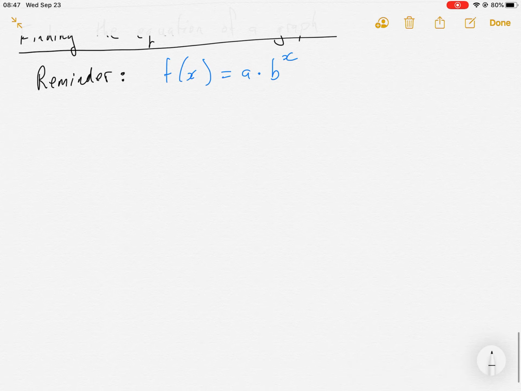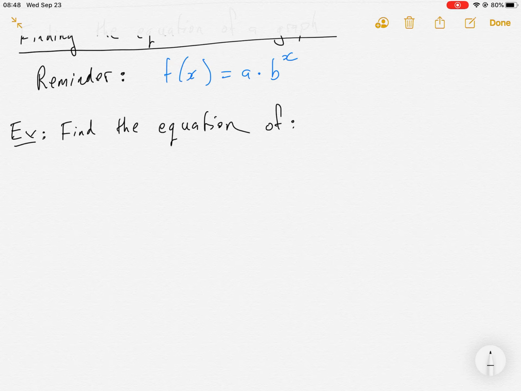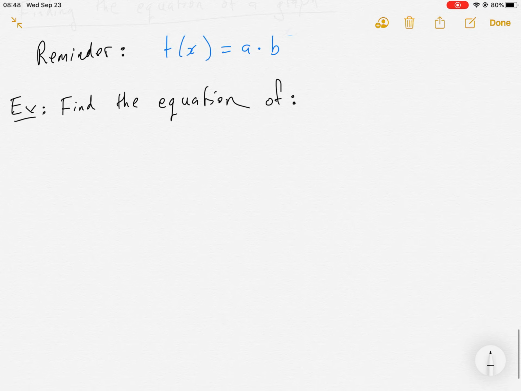So let's just look at an example. Let's find the equation of the following graph. And I'm going to tell you right off the bat, this is an exponential equation, so you know what to look for.